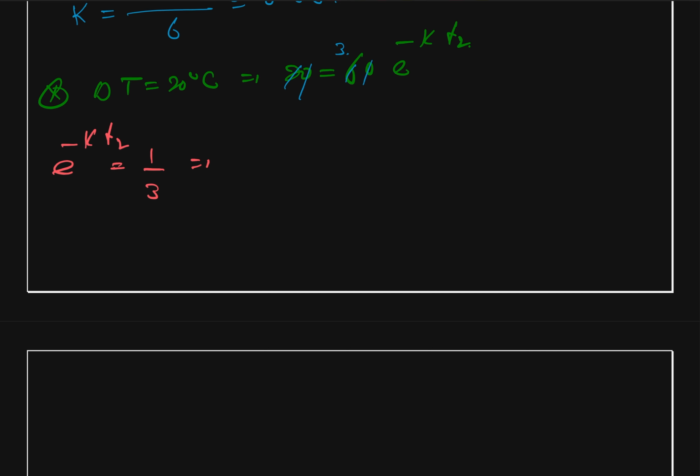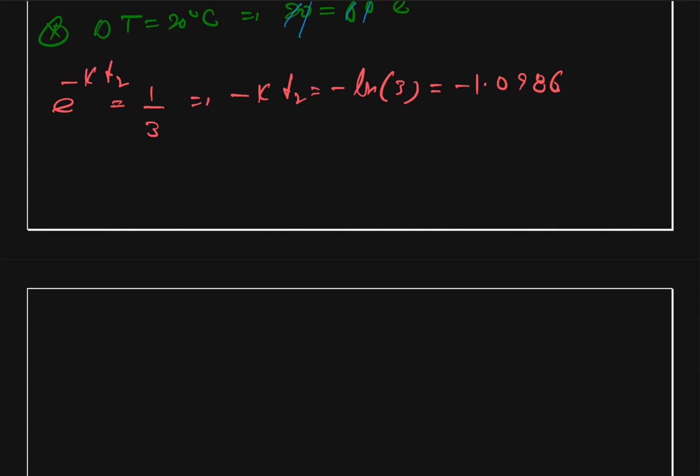Or we can say this will be natural log of 1 by 3, and so we can say minus k T2 is equal to minus natural log of 3, which comes as minus 1.0986.